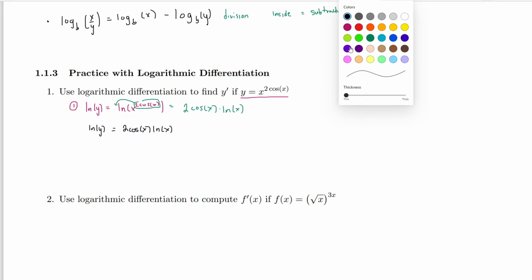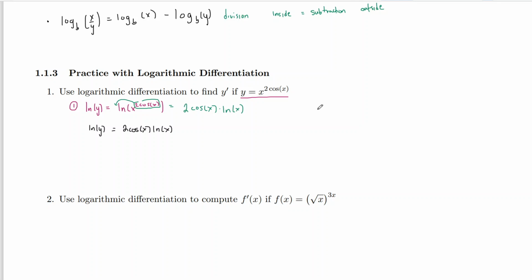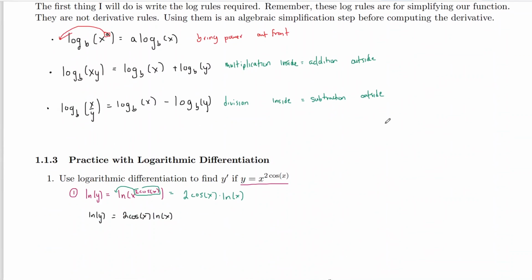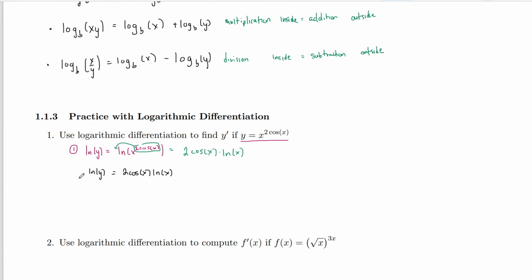Now this doesn't seem that great right now, but remember the steps we outlined. I'll go ahead and go back up here. We do the natural log of each side, use log rules to simplify. We've done that. And now we want to implement implicit differentiation. Why? Well, because we want y prime, and we know to get y prime, we have to do the derivative, and a y prime will pop out of here.